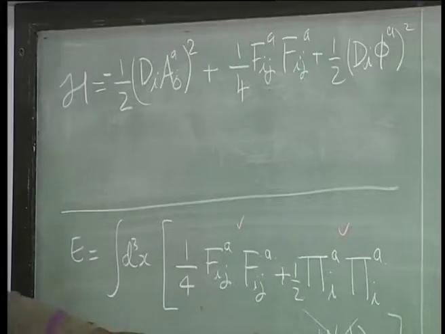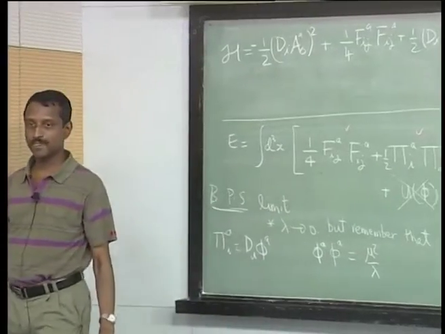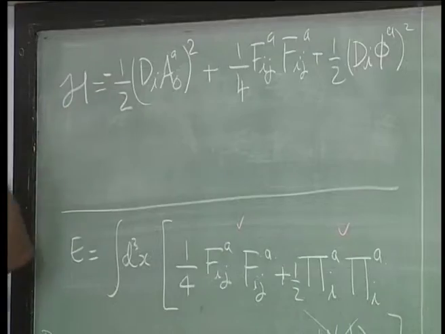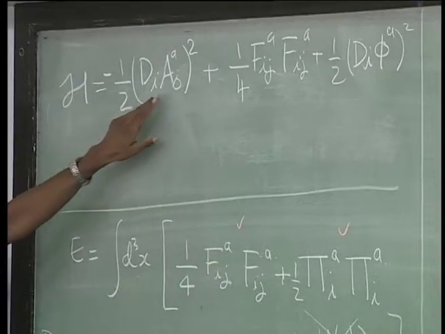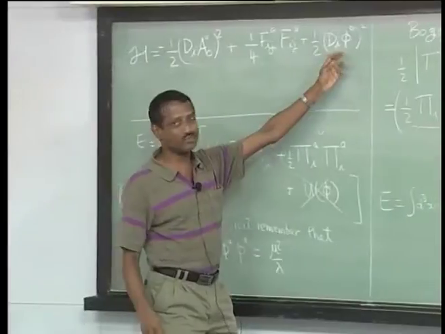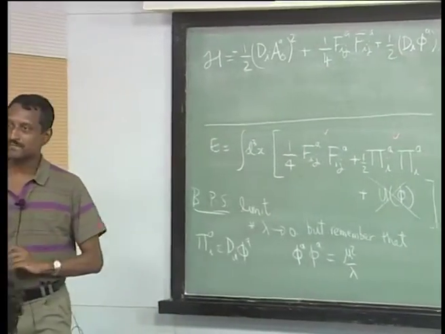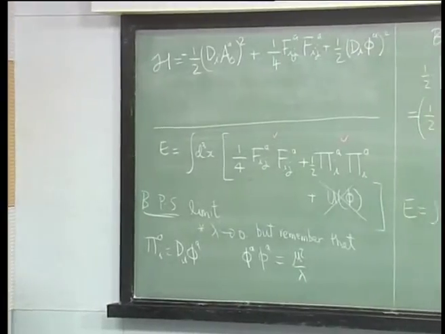I have thrown out this thing. I do not know if this is good news or bad news. Look at this, there is a minus sign out here, you lose positive definiteness, but there is something interesting which happens. What you see out here is that A0^a is exactly, but for this sign, behaving exactly like phi^a.